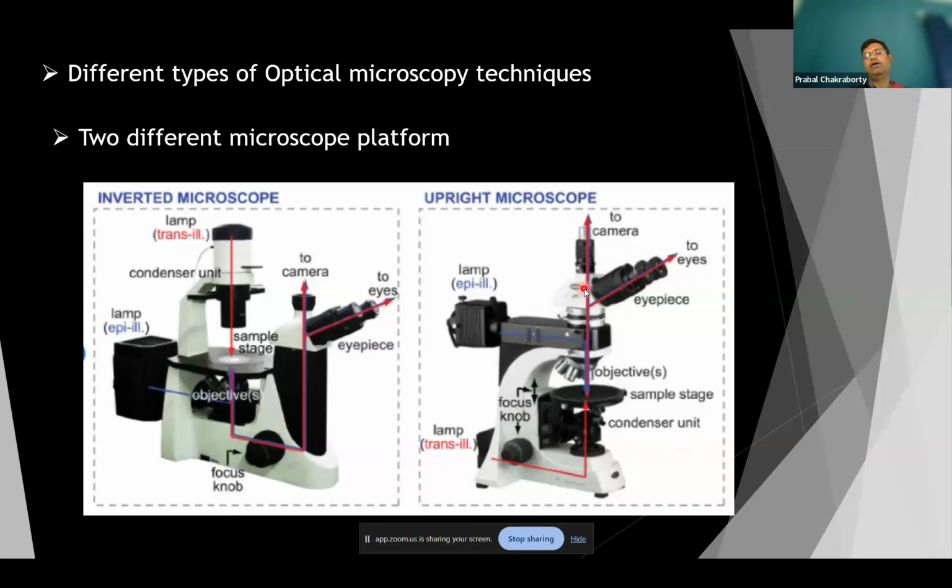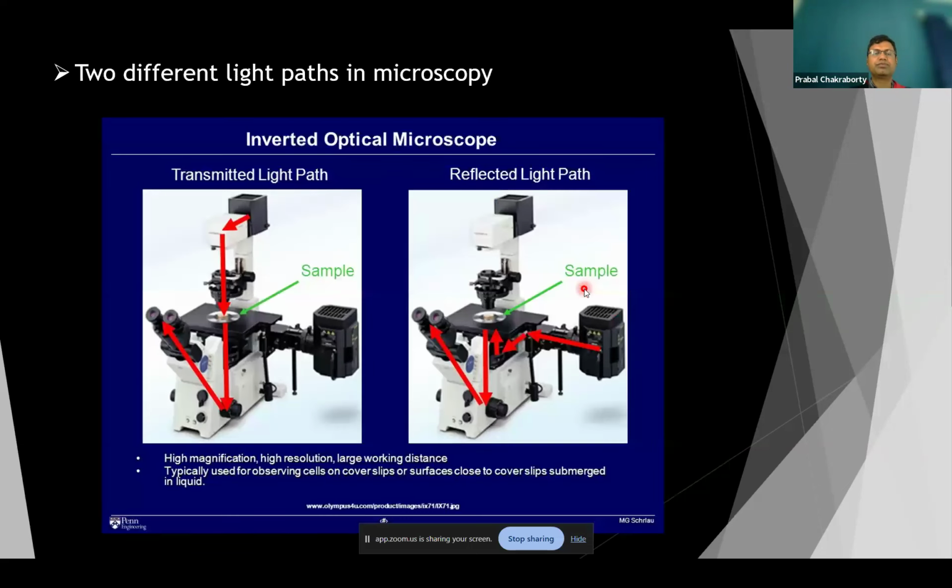So that is why people, particularly those working on clinical samples or in the medical field, use the upright microscope. So these are the two different types of microscope, and there are different types of applications that they can cover. Based on that, you can decide which microscope you should go with for your particular application.